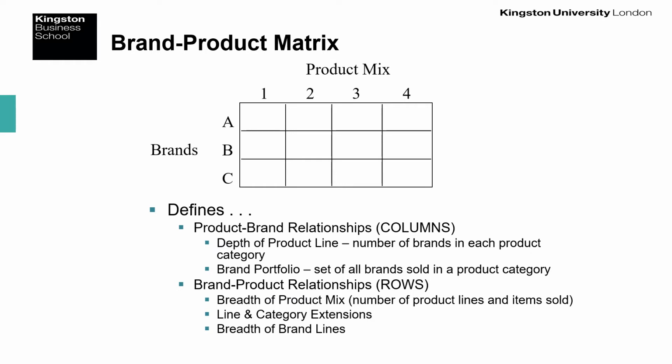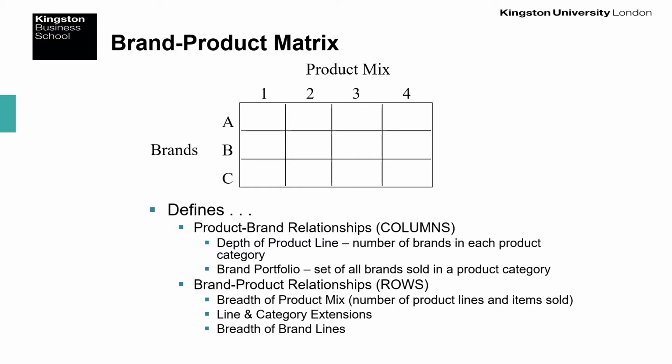Each column represents a product category, and each row in our matrix represents a brand. So where we have the intersection of a brand and a row and a column, we know that the organisation has a brand in that product category.